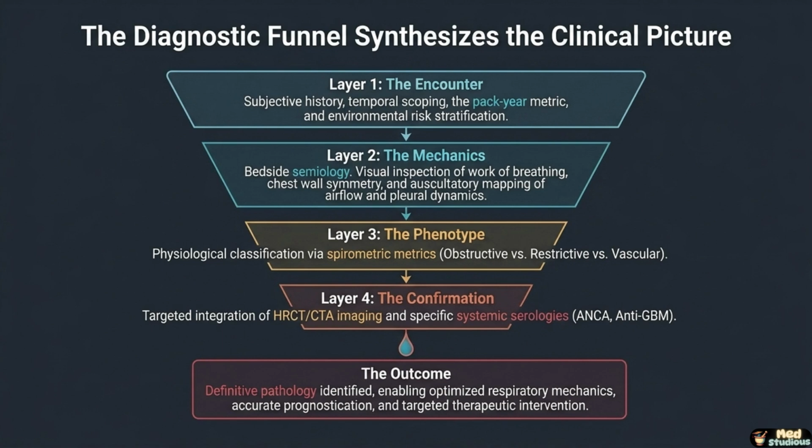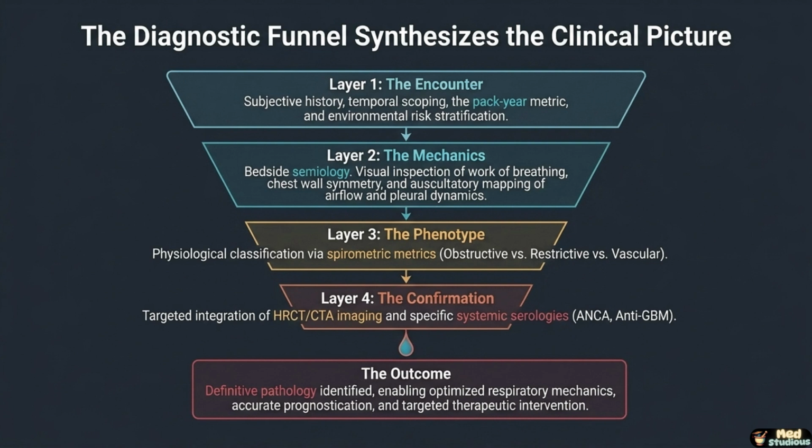Let's bring everything together into one unified diagnostic framework, what we can call the diagnostic funnel. Layer 1 is the encounter, gathering subjective history, establishing the timeline, calculating pack years, and stratifying environmental risk exposure. Layer 2 is the mechanics, bedside semiology, visually inspecting the patient's work of breathing, chest wall symmetry, and carefully mapping airflow and pleural sounds through auscultation.